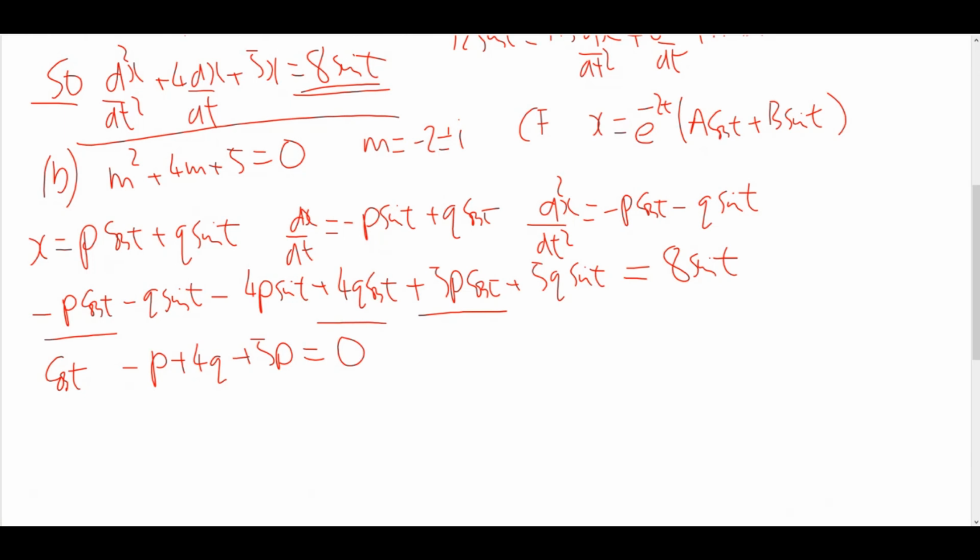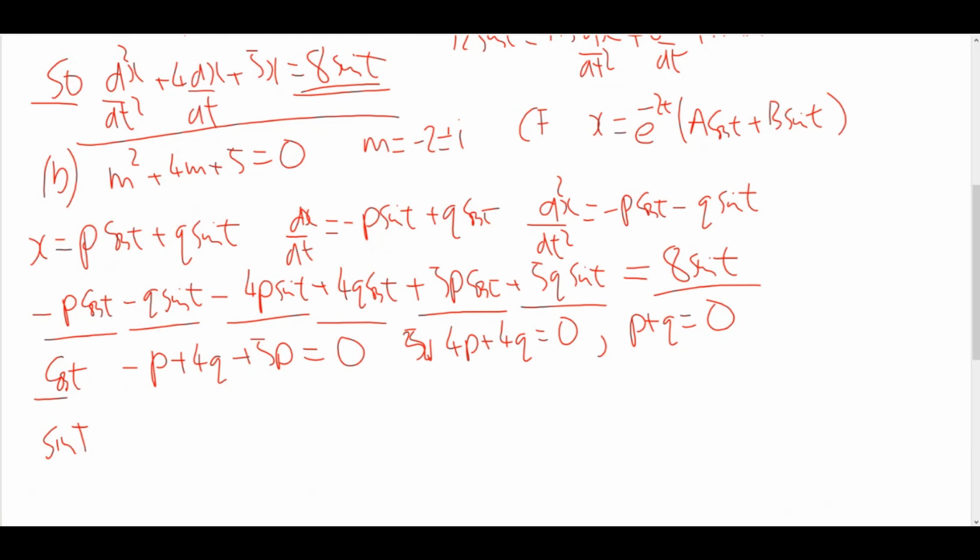That simplifies to give you, if you collect like terms, 4P plus 4Q is equal to 0. Or if you like, you can divide by 4 to get P plus Q is equal to 0. If you then look at the sin t terms, we've got minus Q sin t, minus 4P sin t, and 5Q sin t.